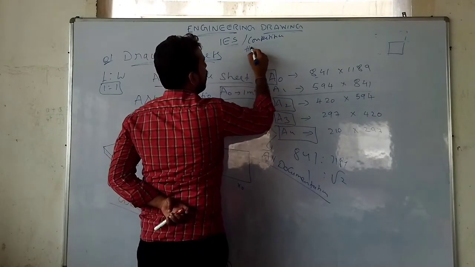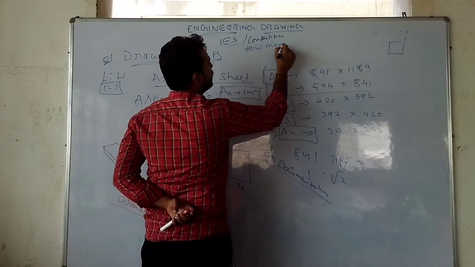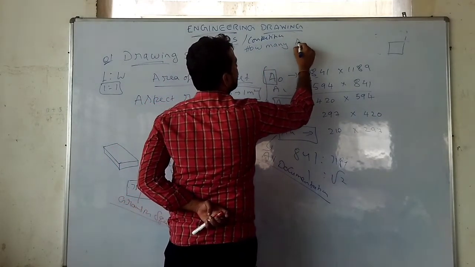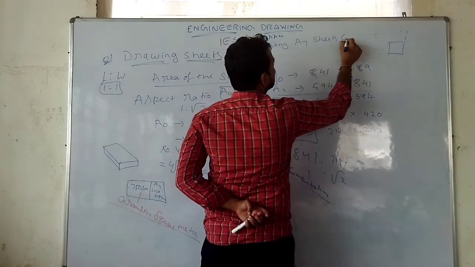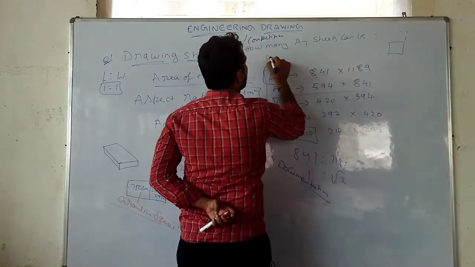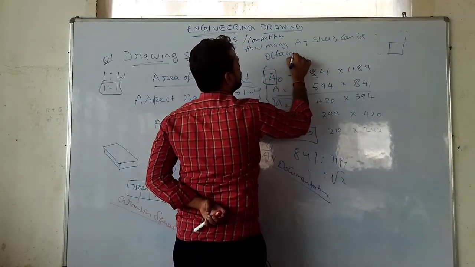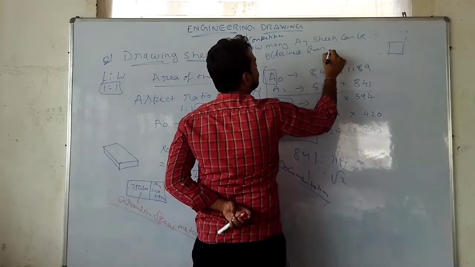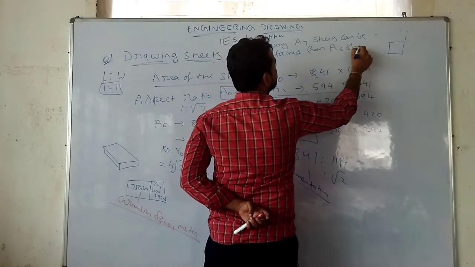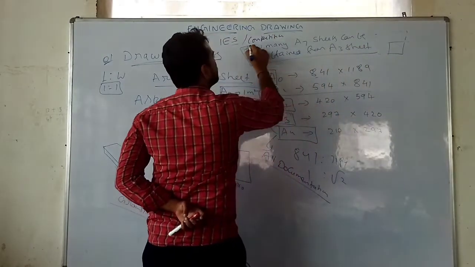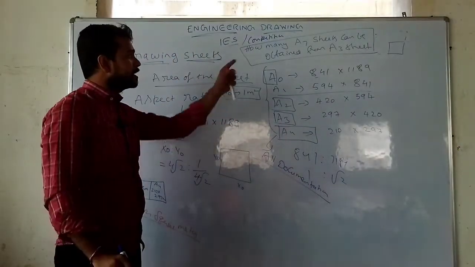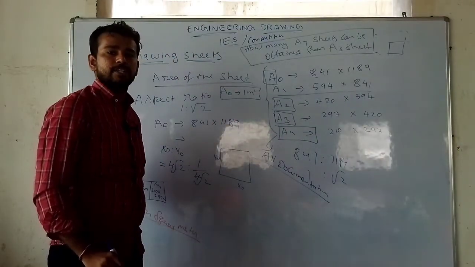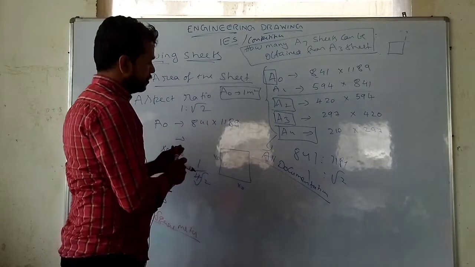How many A7 sheets can be obtained from an A3 sheet? Like this the questions will come. So how to solve this?